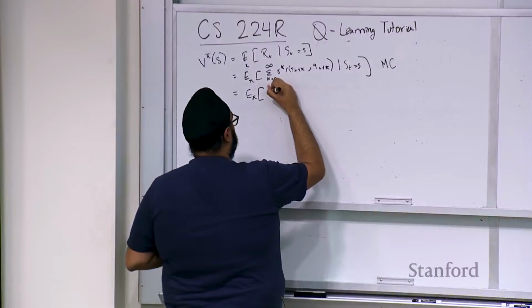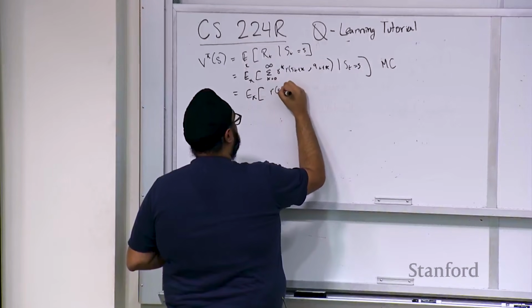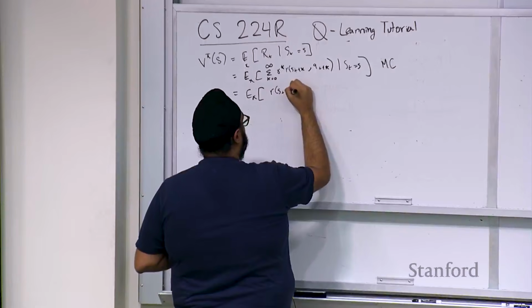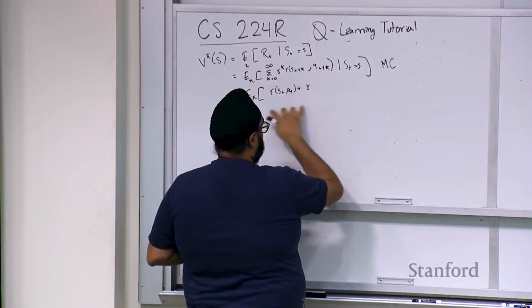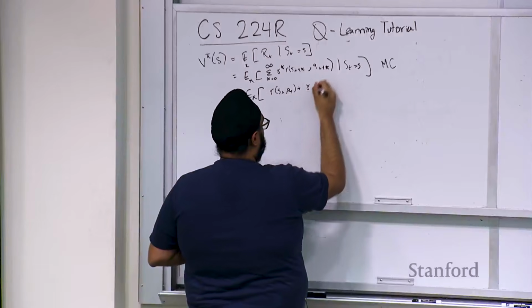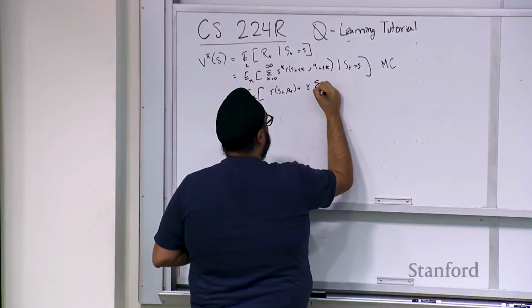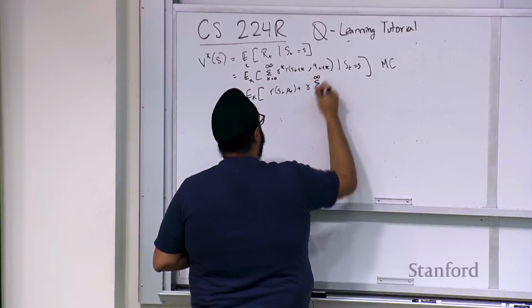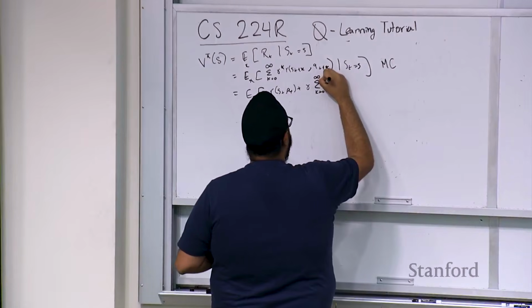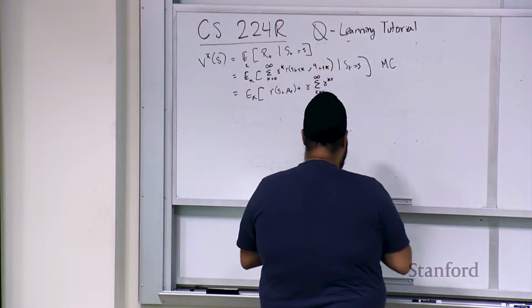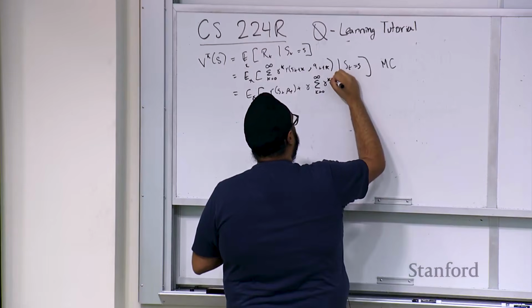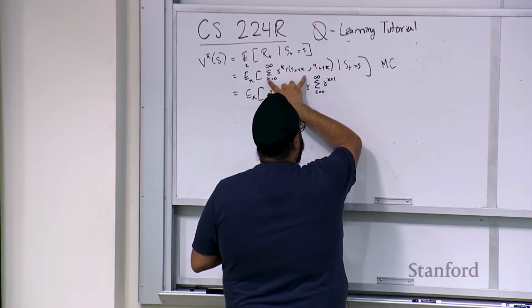So the first thing that I'll do is remove r of s_t, a_t when k equals 0, and then also apply the discounting here. We're going to keep the summation again from k equals 0 to infinity, and now we're going to have one step of this summation again.